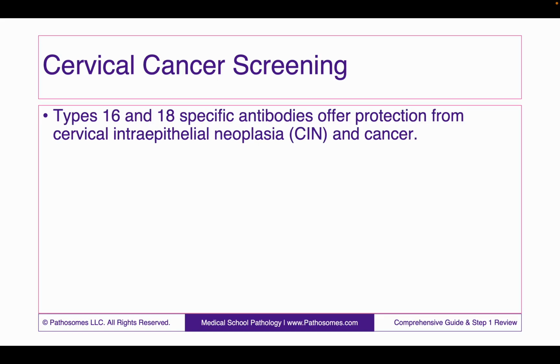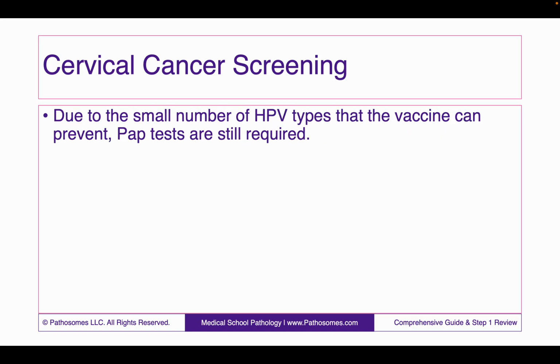Types 16 and 18 specific antibodies offer protection from cervical intraepithelial neoplasia as well as cancer. Due to the small number of HPV types that the vaccine can prevent, Pap tests are still required.